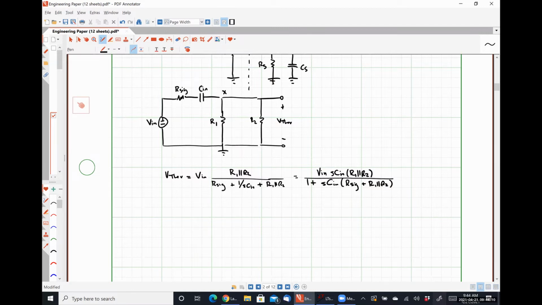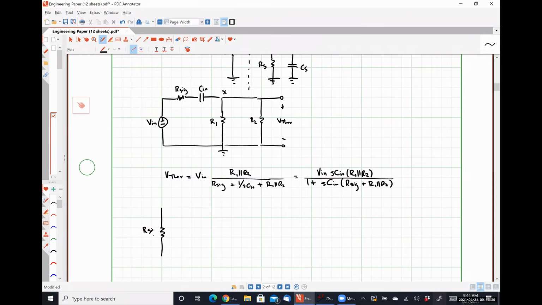All right, so we know what our Thevenin voltage is going to be in terms of our input voltage. Now we're going to need to know what our Thevenin resistance is. So for our Thevenin resistance, or really impedance, we're going to compute that with our input voltage source turned off.